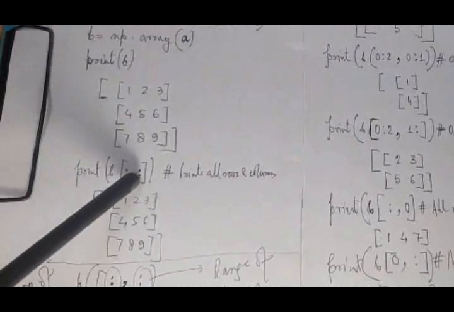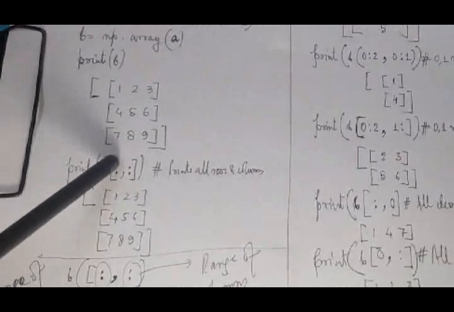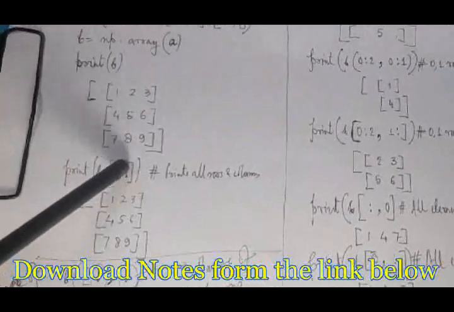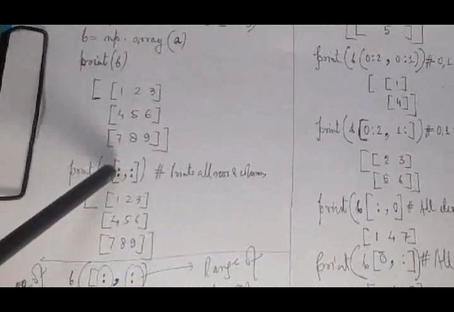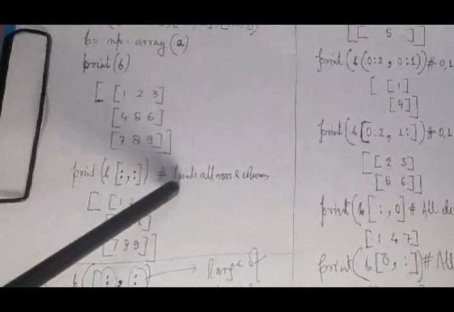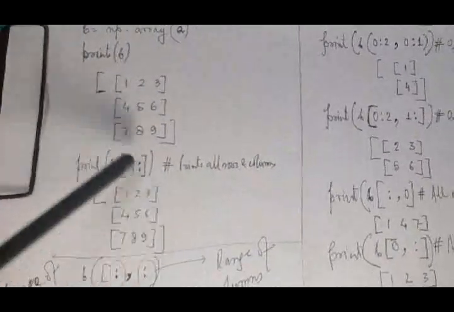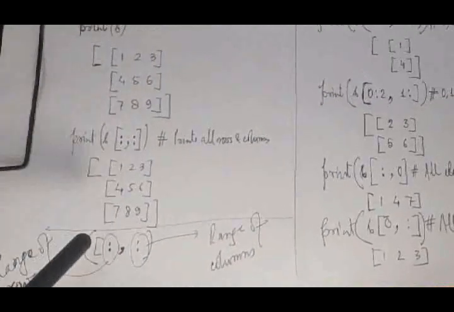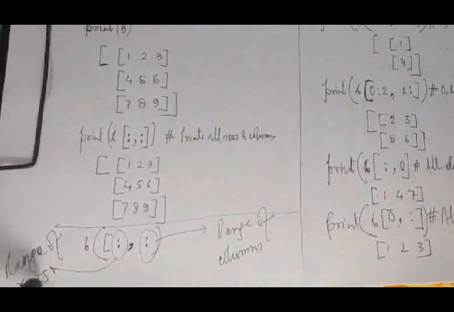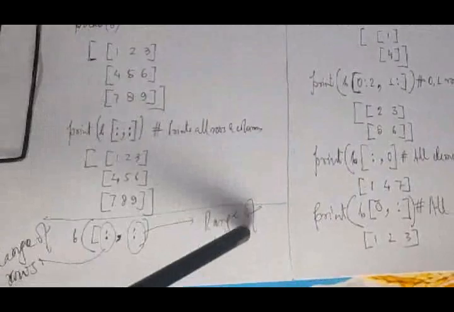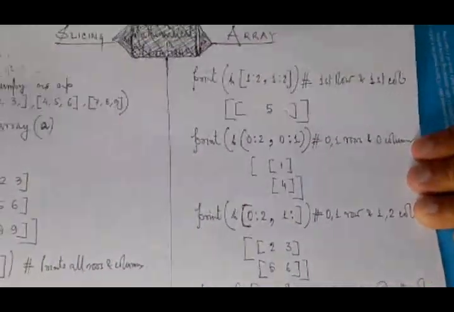Colon with nothing means all. It prints all the rows and columns, so again you get the same output. See, this is the range of rows, this is the range of columns.